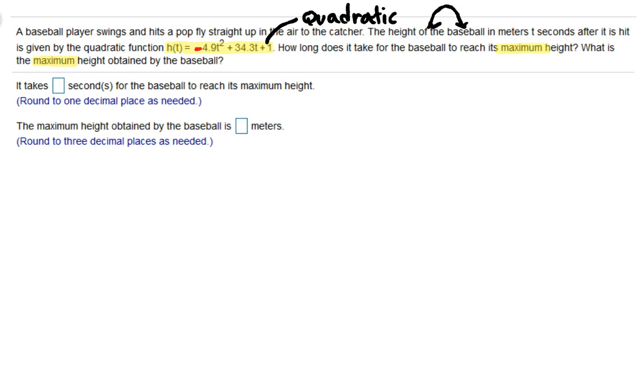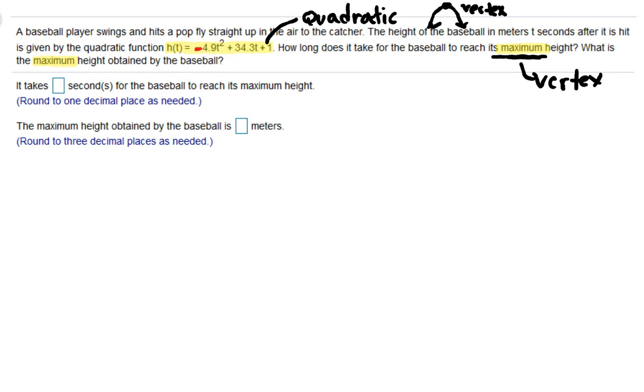And if we keep in mind that we are looking for a maximum, the maximum height is going to be at the peak or at the vertex of the parabola. So because our graph is a quadratic, specifically a down-facing parabola, the maximum is going to occur at the vertex. So essentially, we're going to be able to answer this question by just finding the vertex of the parabola.